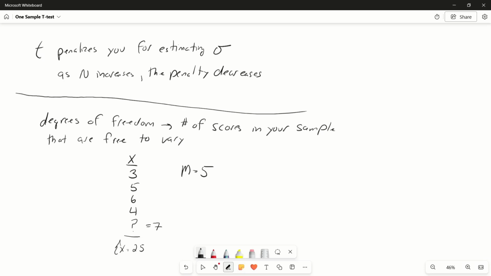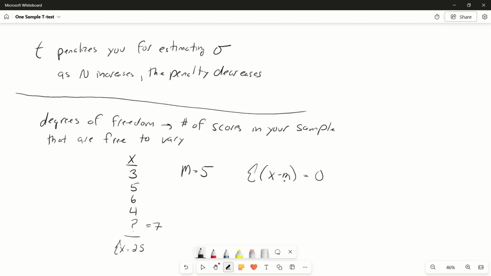So think of it like when we do variance and we're estimating the sum of the deviation scores, right? So the sum of x minus m. Remember that the sum of x minus m always equals 0. So no matter how many scores we have, the last score in the data set is always going to be fixed, because we know that the sum of x minus m equals 0.